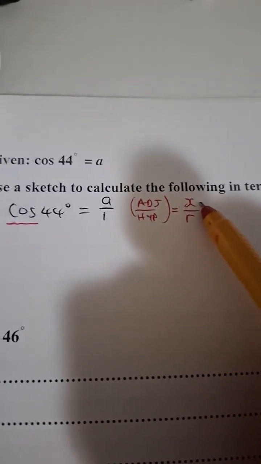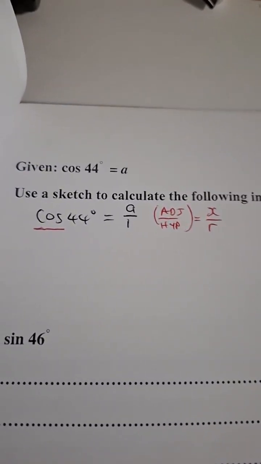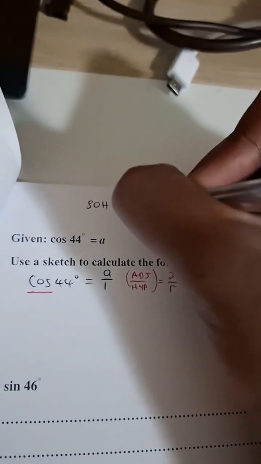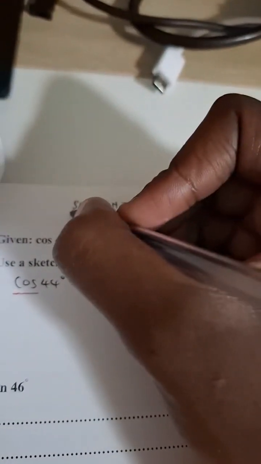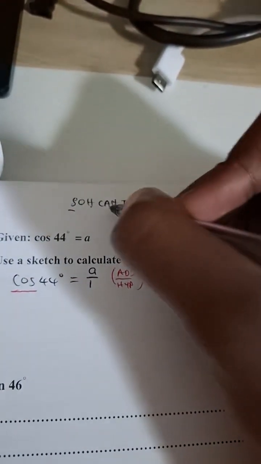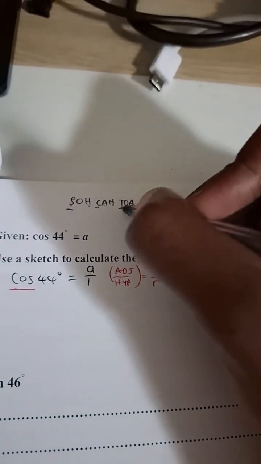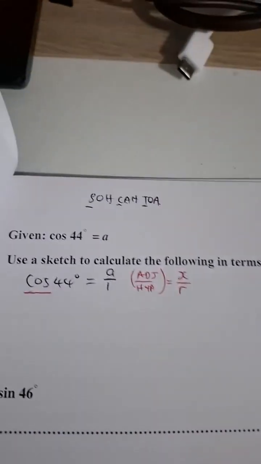Very important that you know your trig definitions. Whenever we forget, we must just remember SOHCAHTOA. Sine is opposite over hypotenuse, cos is adjacent over hypotenuse, and tan is opposite over adjacent.